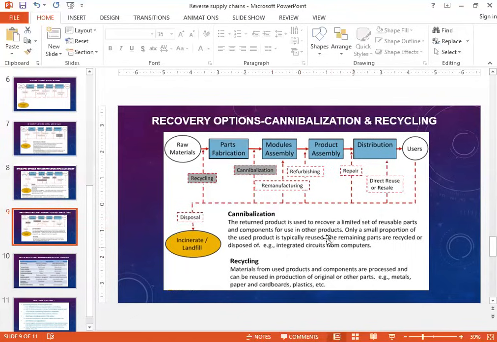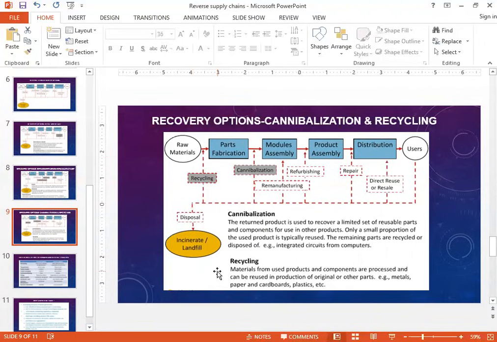Recycling is basically, and here you see it's right at the beginning of the entire supply chain, where goods are taken from the old product that has been returned, various components are taken out, and then they are reused right from the beginning. They are put into production.